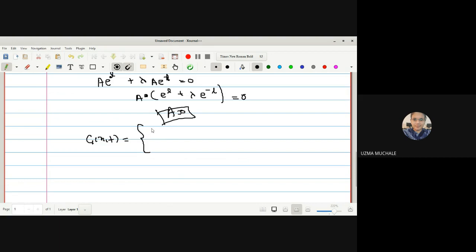So simply we have seen that g of x,t will be equal to a1 e raised to x plus a2 e raised to minus x in the interval 0 to t, and in t to l it is b1 e raised to x plus b2 e raised to minus x.